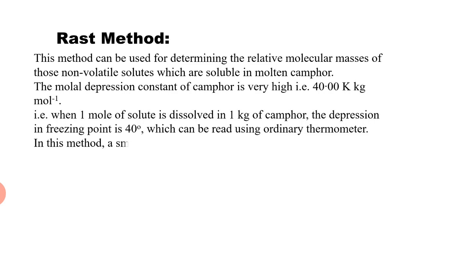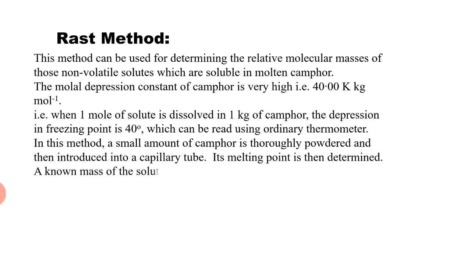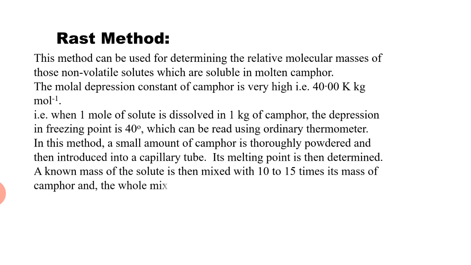In this method, a small amount of camphor is thoroughly powdered and then introduced into a capillary tube. Its melting point is then determined. A known mass of the solute is then mixed with 10 to 50 times its mass of camphor and the whole mixture is melted.